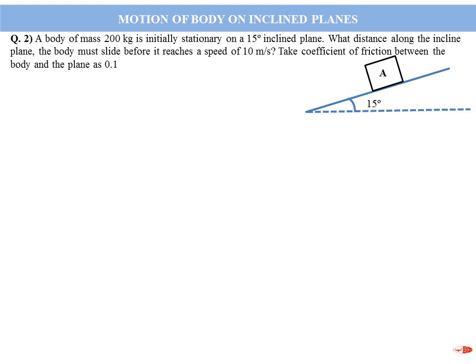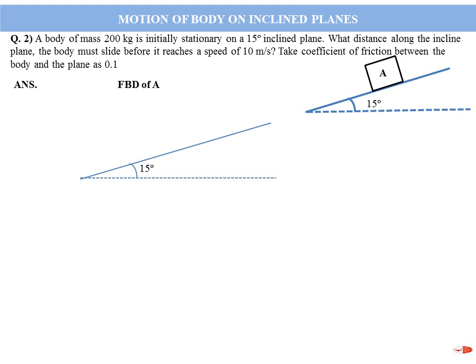The coefficient of friction is given. So you should know the acceleration to find the displacement. In order to find the acceleration in this problem, you should do the kinetics analysis, not only the kinematics analysis. Clear?